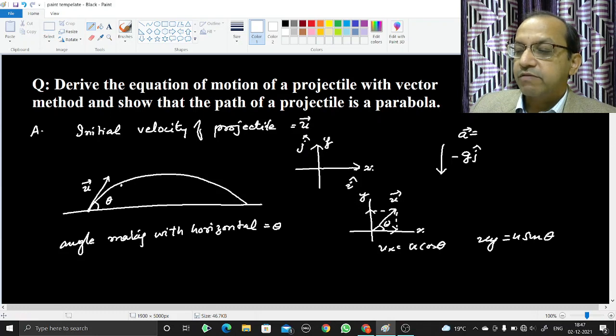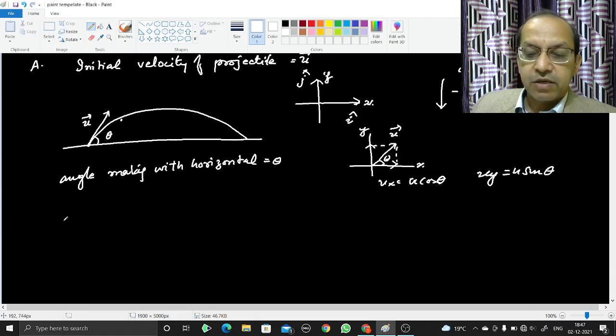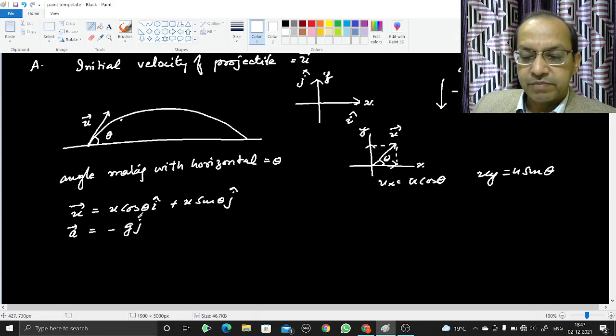In vector notation, u equals u cos theta i cap plus u sin theta j cap. The acceleration here is minus g j cap.